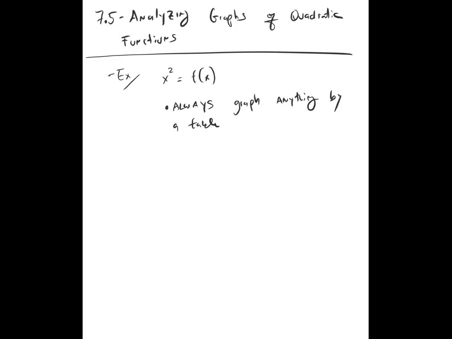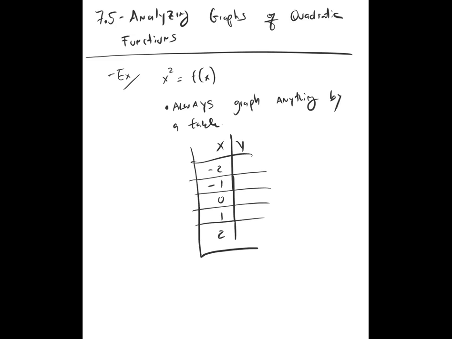So we can make ourselves a table, pick a couple of negative numbers, maybe 0, a couple of positive numbers, and get some ordered pairs and plot them.